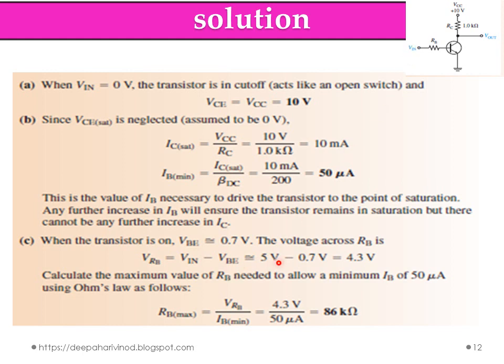Vin is 5 volt, VBE is always 0.7 if a silicon transistor is used, and that is 4.3 volt, which will be the VRB. Now RB maximum means VRB divided by IB minimum. IB minimum we have obtained as 50 microampere, VRB is 4.3 volt. Then our RB maximum will be 86 kilo ohm.